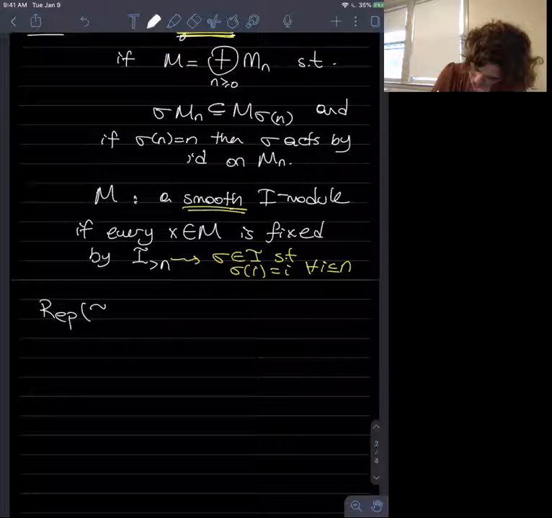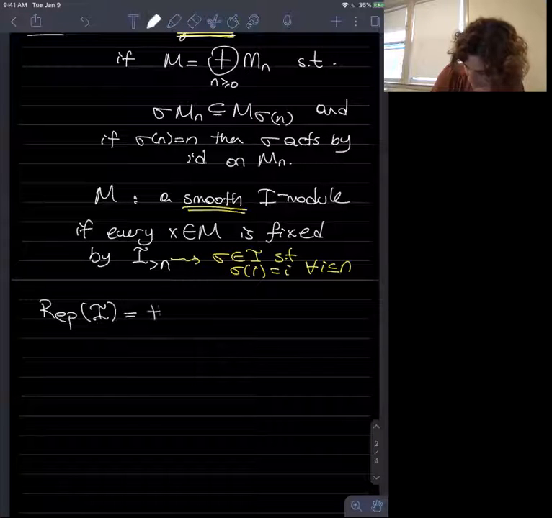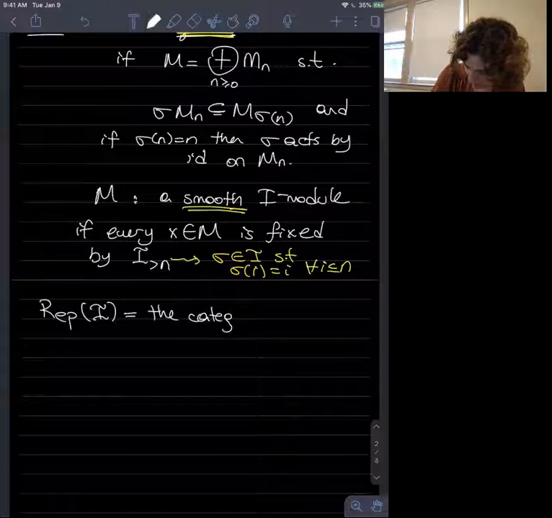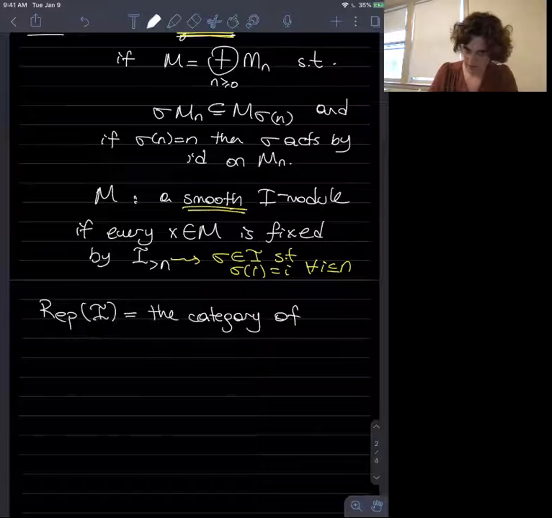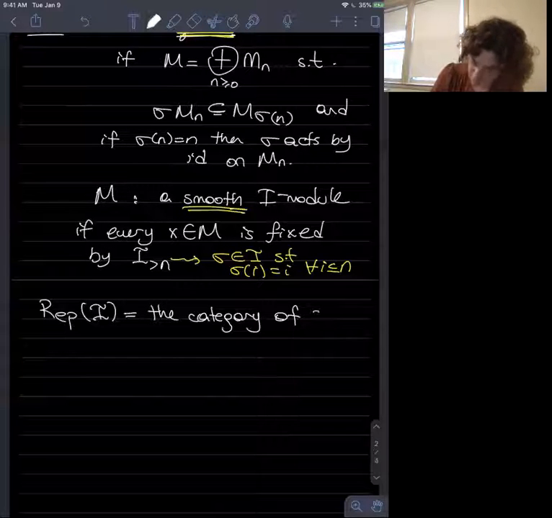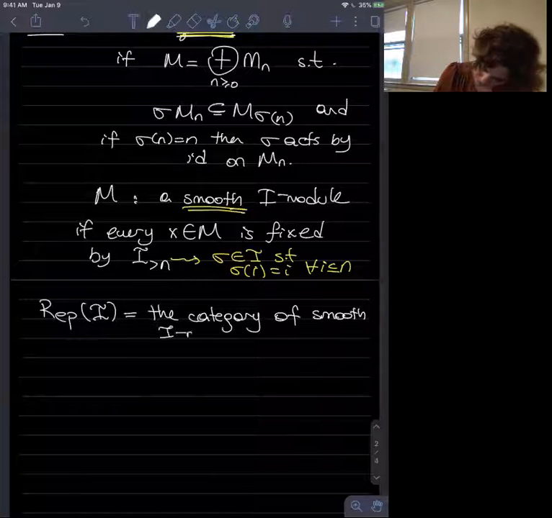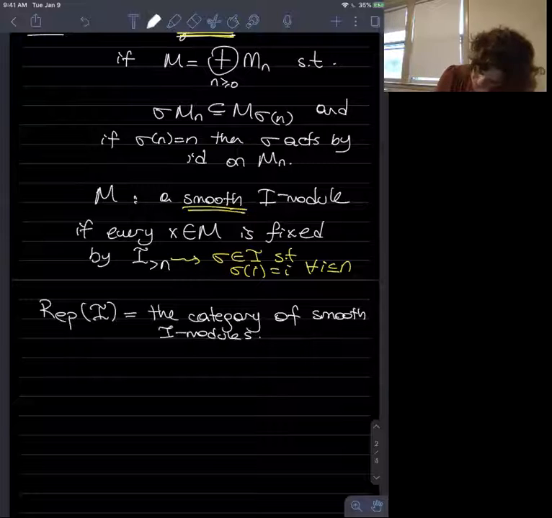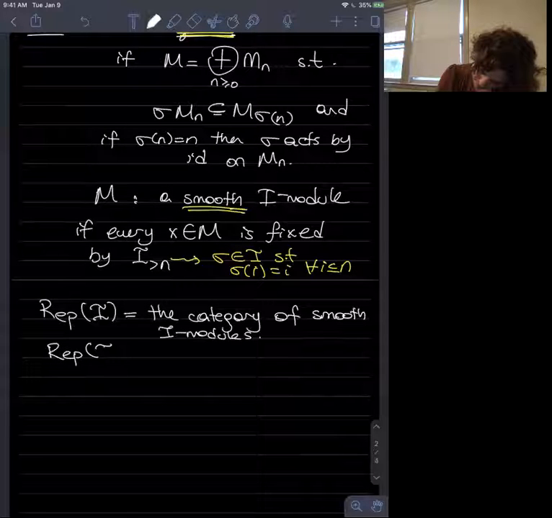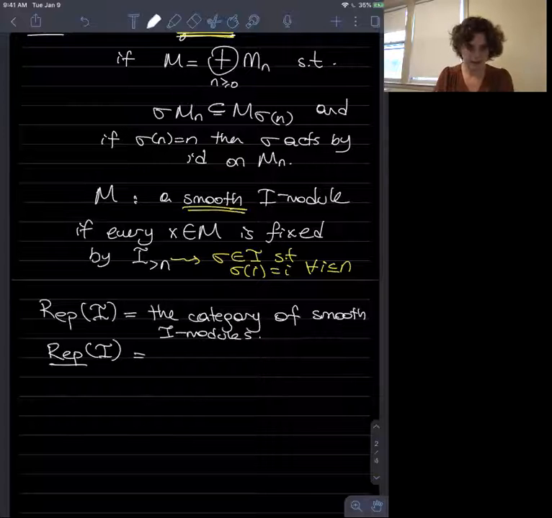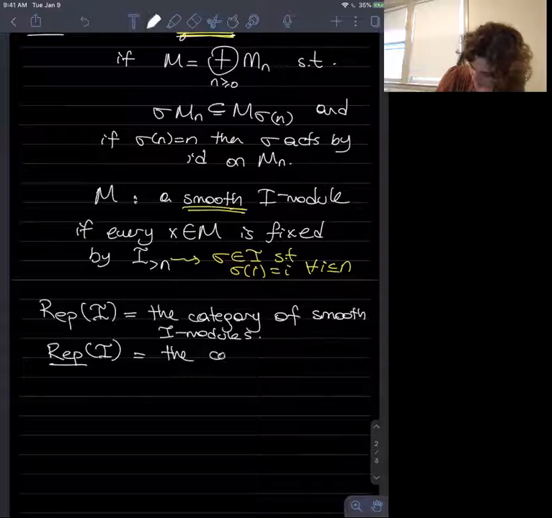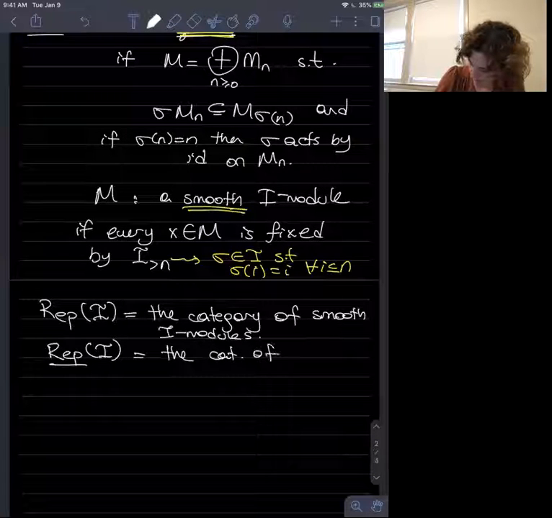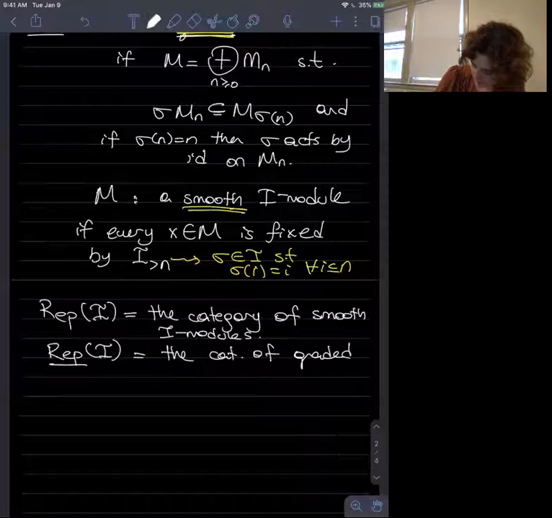The representation category Rep Inc is the category of smooth Inc modules, smooth representations, and we will denote the graded version with this underline. This is the category of graded Inc modules.